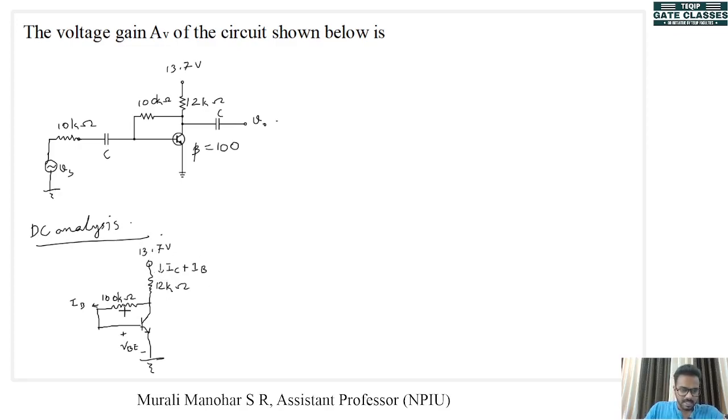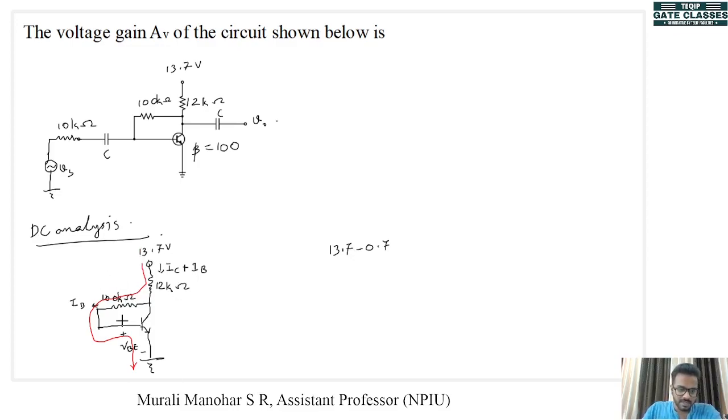So we can write the KVL for this loop. Let me show the loop. It's this one. So it will look like this: 13.7 minus 0.7, because this is a silicon transistor. As I have already told you, if there is nothing given about the transistor, it is always a silicon transistor.